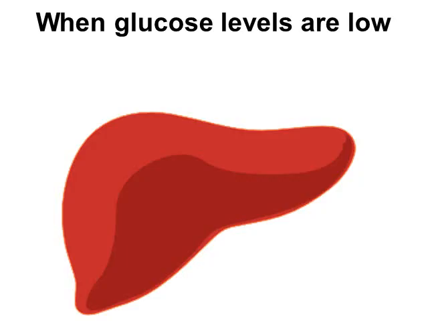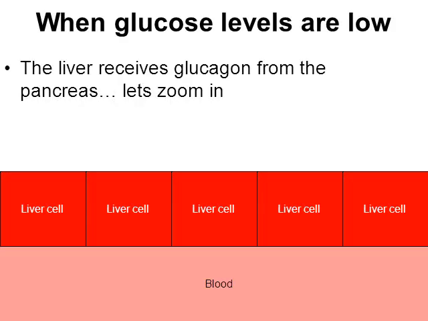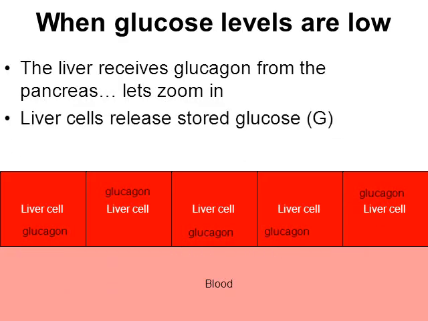Well, we just saw what happens when glucose levels are too high. What about when the glucose levels are too low? Well, here's a picture of our liver. Our liver is going to receive the hormone called glucagon. Glucagon is another hormone and it comes from the pancreas. Let's zoom in to the liver here. When we do, we see 5 liver cells and they all just received the hormone called glucagon that came from the pancreas.